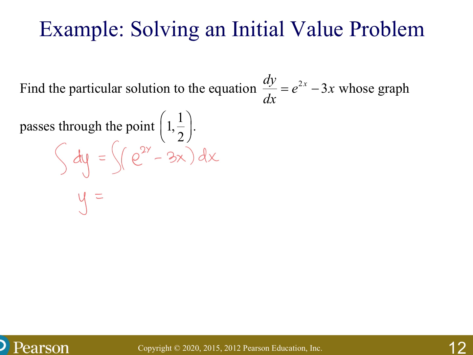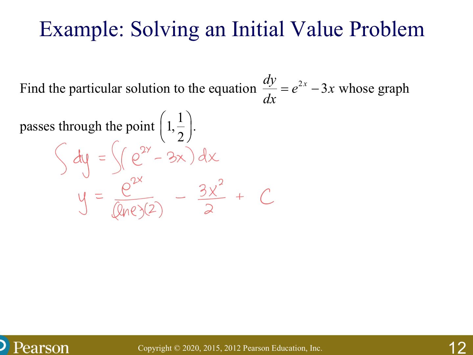So y is going to be equal to, so the antiderivative of e to the 2x is e to the 2x divided by two things. It's divided by, well, it's also divided by 2. And then minus 3x, that'll be 3x raised to the second divided by 2 plus c.